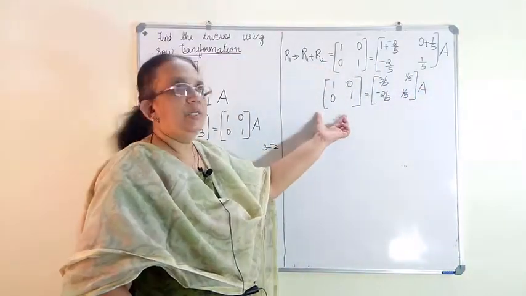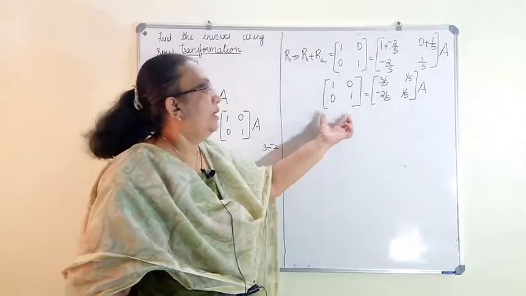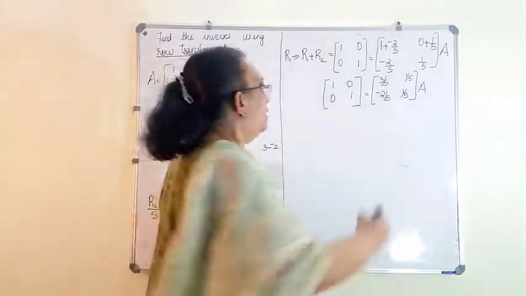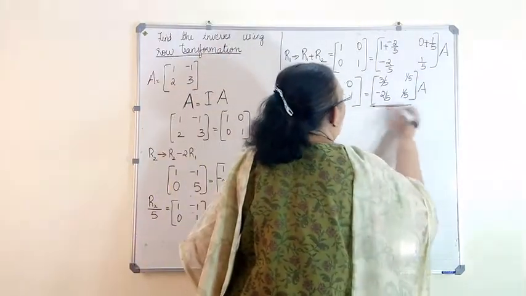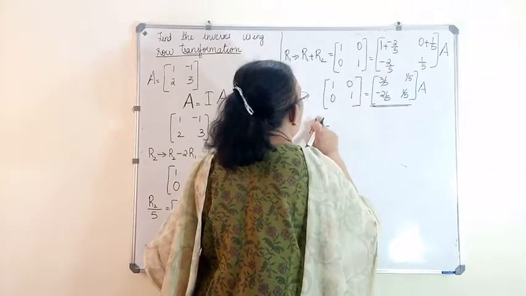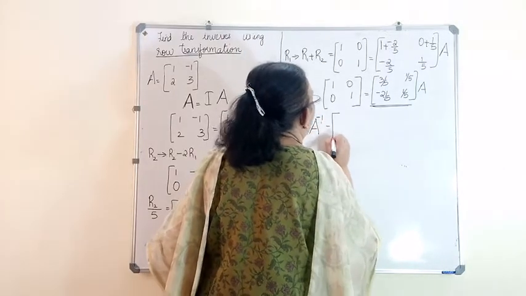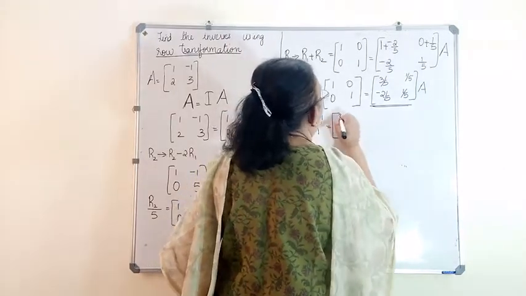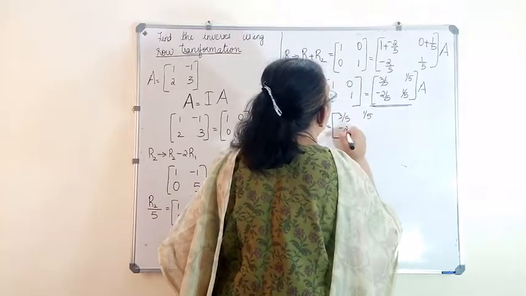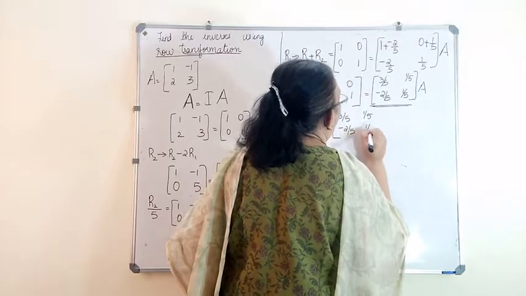So here you have made it into an identity matrix, and this identity matrix has changed to some other matrix. So this matrix is called the inverse. A inverse is equal to 3 by 5, 1 by 5, minus 2 by 5, 1 by 5.